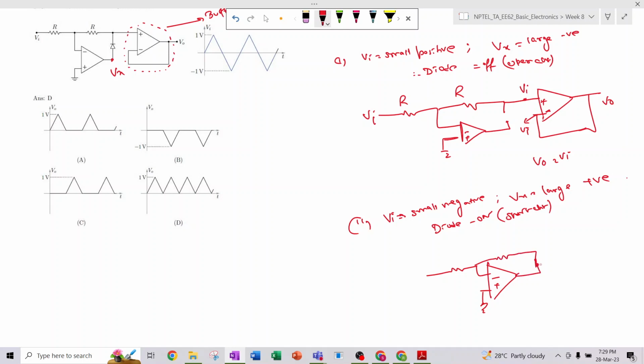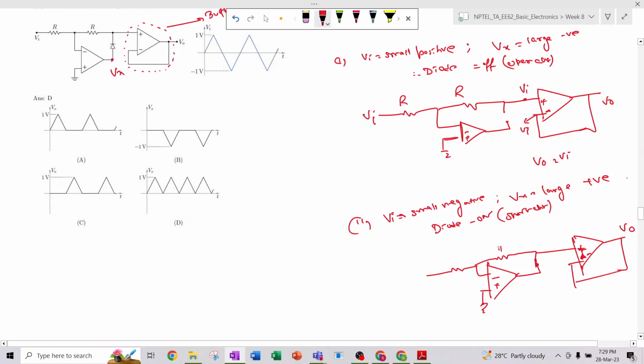Sorry, this is plus and this is minus. This is VO, this is R, this is R, this is Vi.